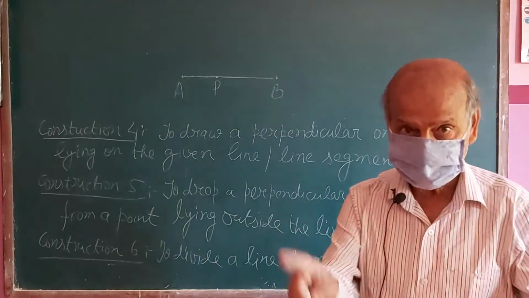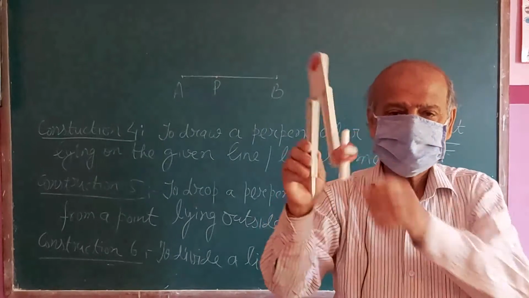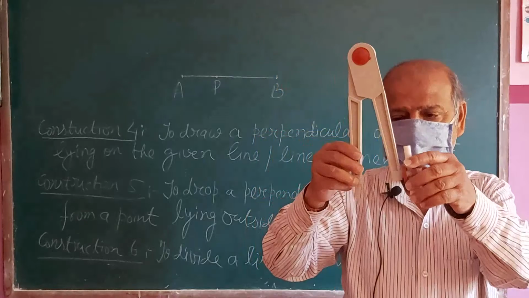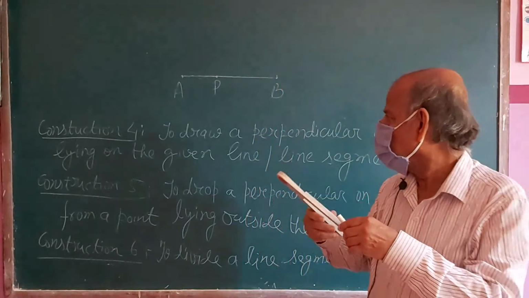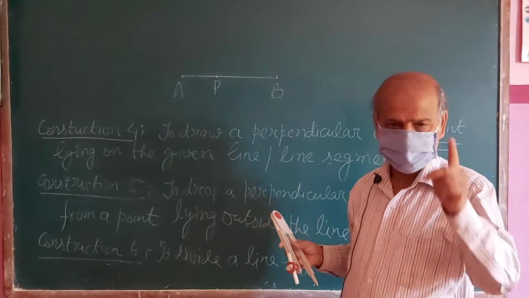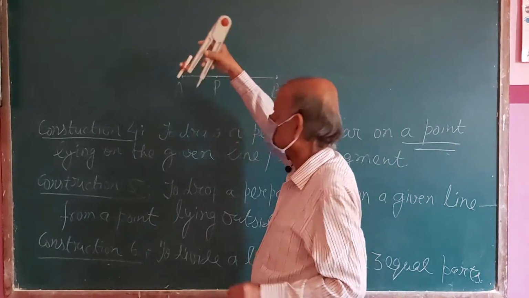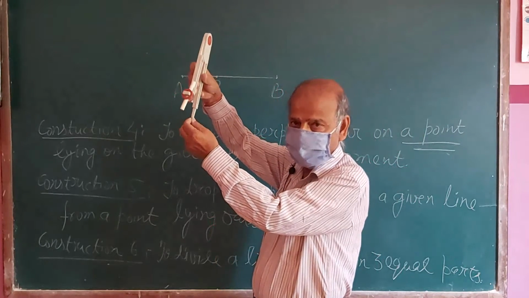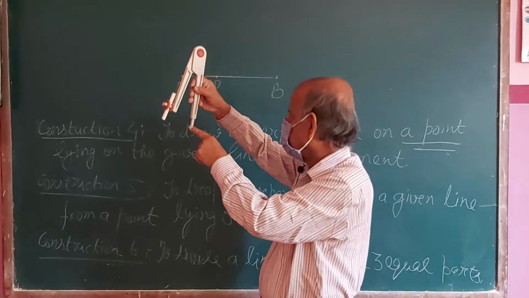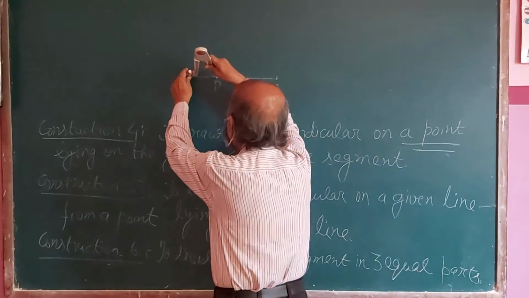Now, you have to use your compass to draw a perpendicular on P. How will you do it? There are two methods. This is one: you hold your compass, extend it, put your non-pencil end at P and draw an arc.